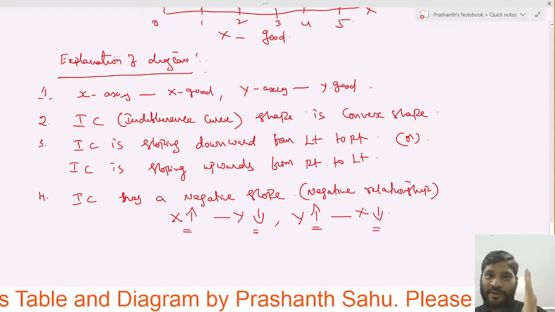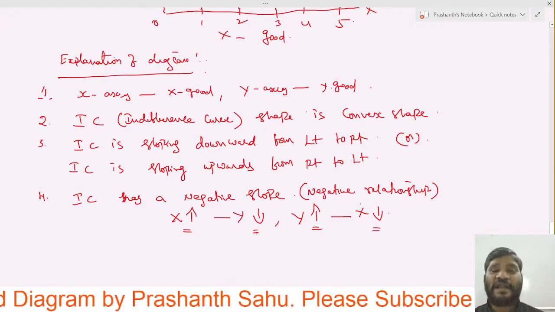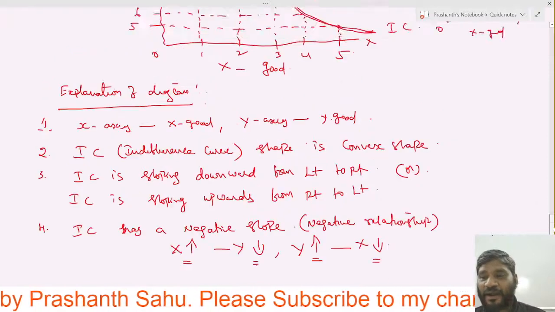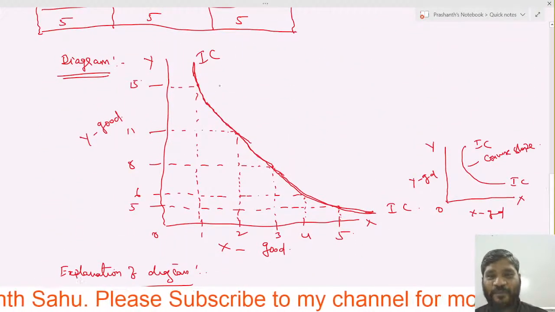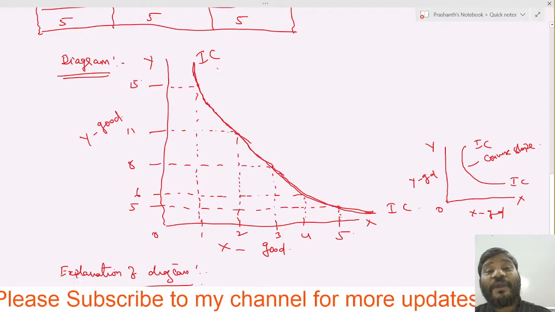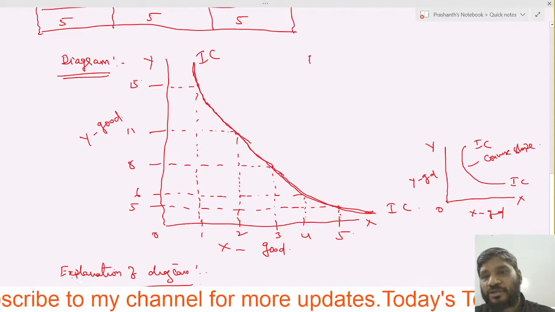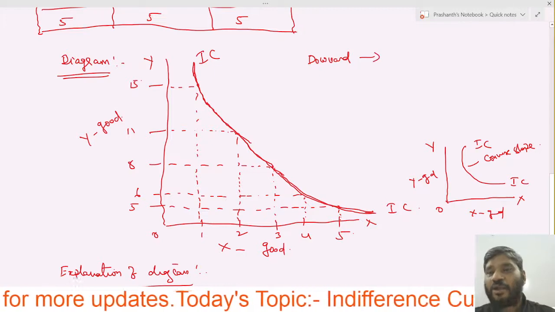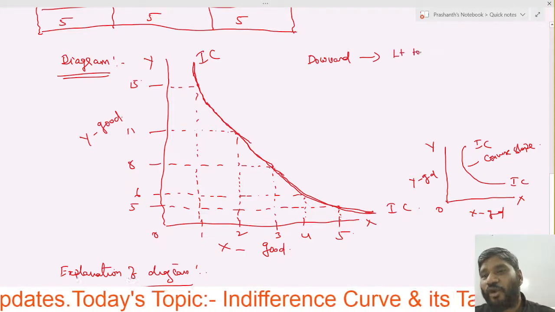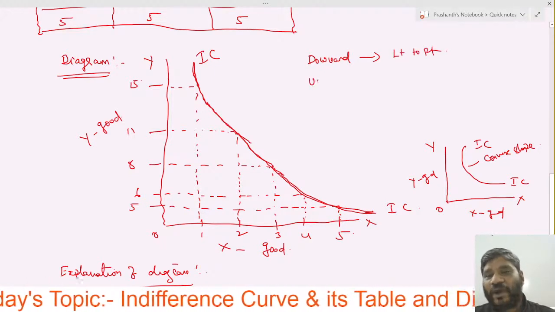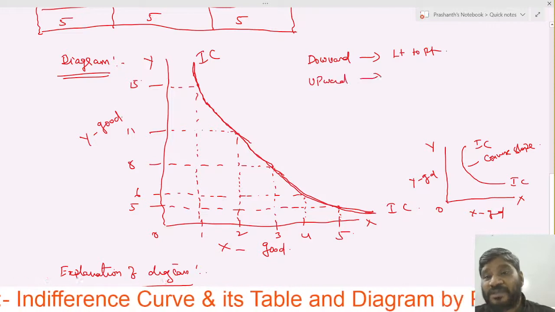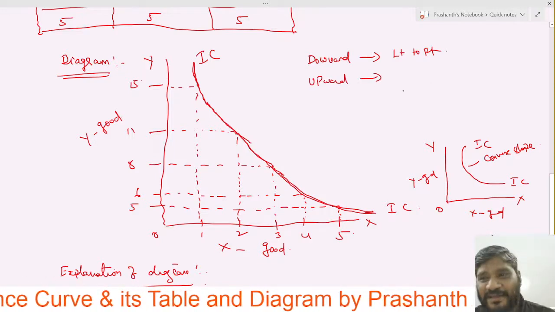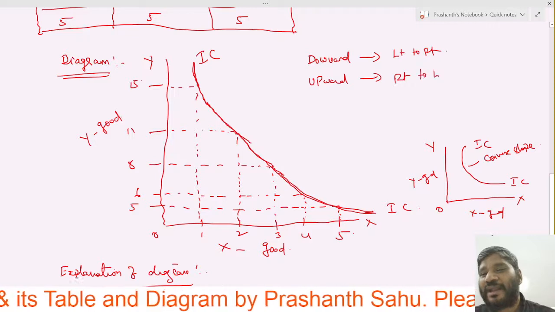Everybody okay now? So this is related to the explanation of a diagram. Remember this diagram, sloping downwards. This is important information. Downwards means left to right. Upwards means right to left.